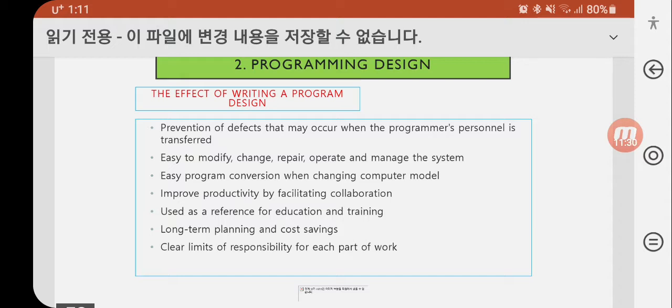It improves productivity by facilitating collaboration. It is used as a reference for education and training, and long-term planning and cost savings. It is a clear limit of responsibility for each part of work.